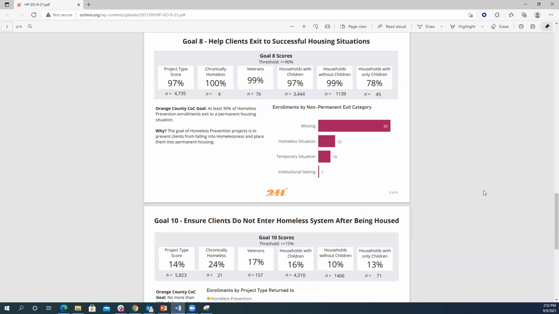And then we don't know where they go. And so there's the potential that that's being entered as a no exit interview completed versus a rental by client. But if I'm speaking to why it would be missing, that's really the only thing I could think of: the household would fall out of contact, and because you truly don't know, that's what is being selected.